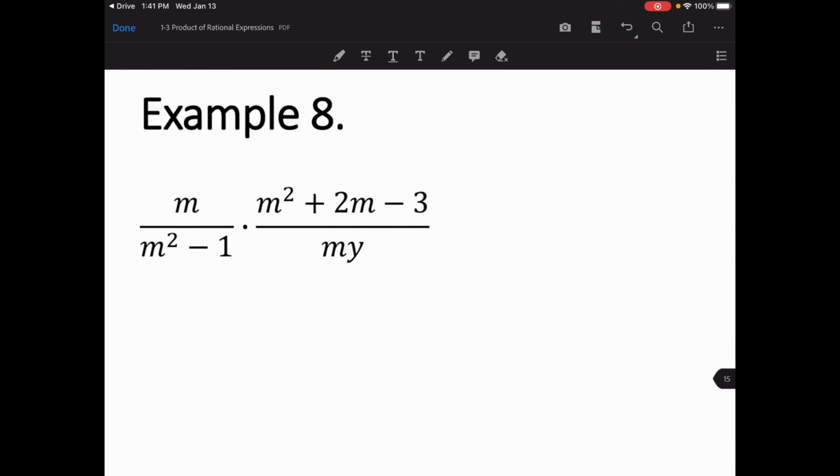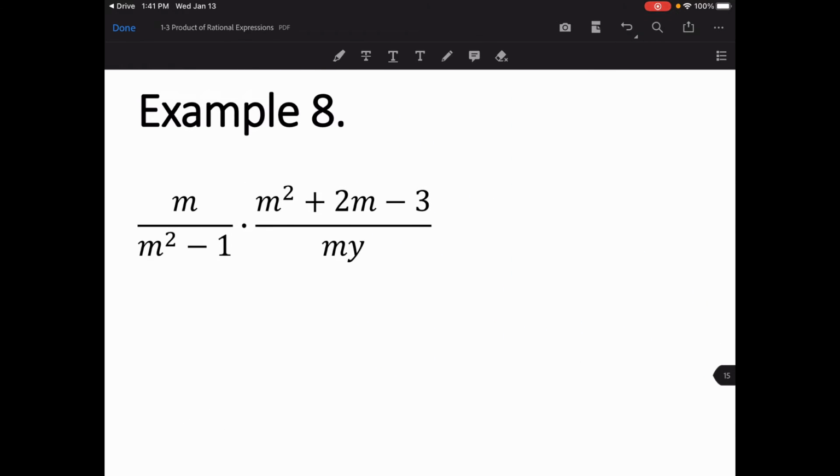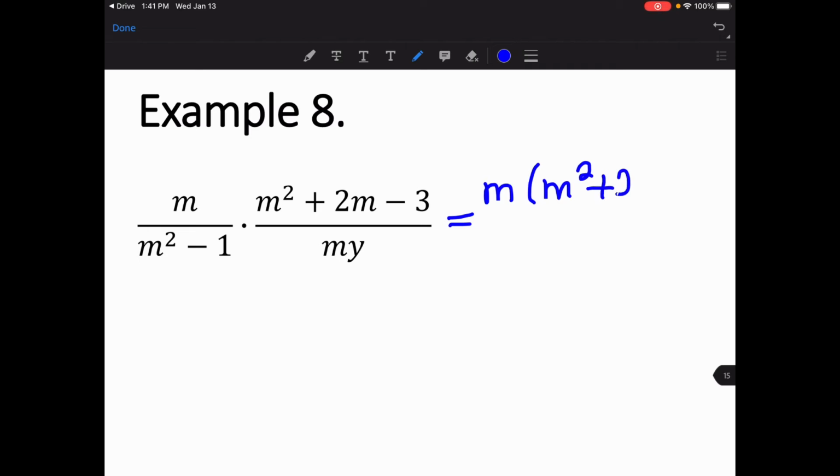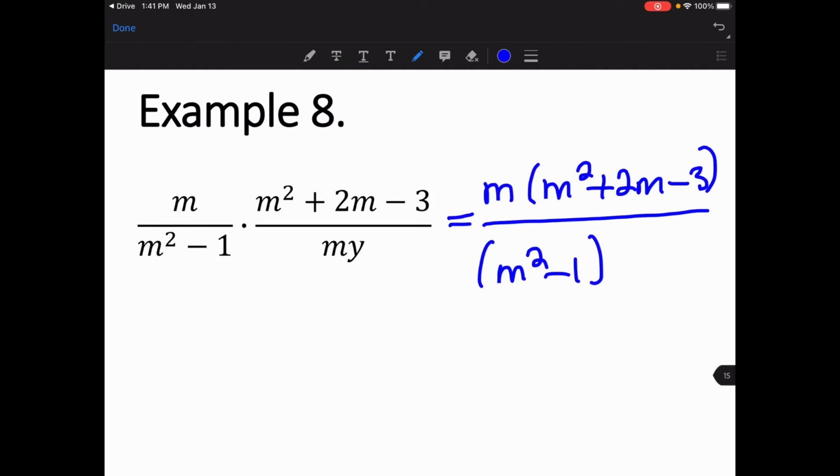Alright, example 8. I have m over m squared minus 1 times m squared plus 2m minus 3 all over m times y. So again, our goal is to simplify this. To find the product of this, I'm going to multiply m times m squared plus 2m minus 3, all over m squared minus 1 times m times y.